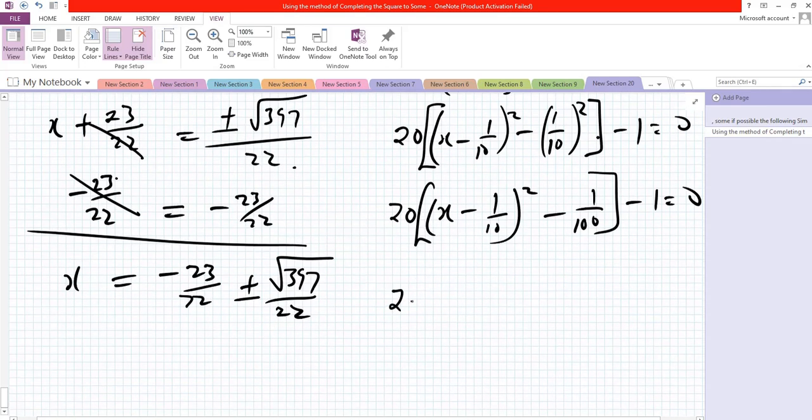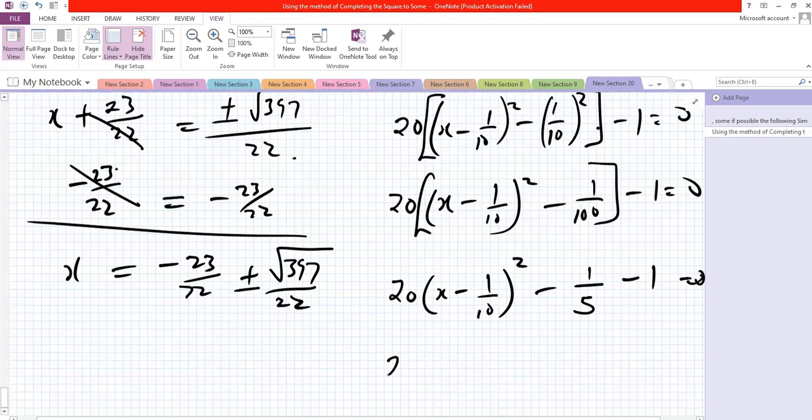So we have 20. We want to expand this now. I have 20 into x bracket open minus 1 over 10 all squared minus 1 over 5 minus 1 equal to 0.